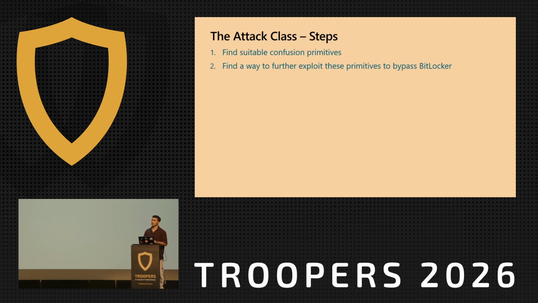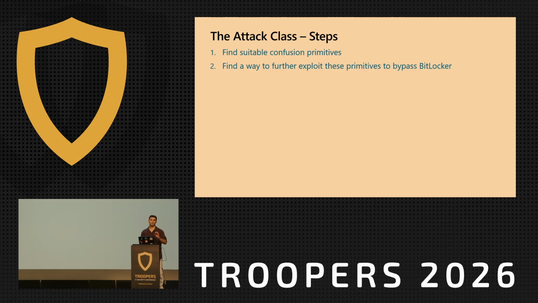So with a better idea of the attack class, its goals, and constraints, the research steps were quite straightforward. First, we need to identify volume confusion primitives that meet all the constraints we've just mentioned. The more primitives we find, the better. The second step was to build on these primitives, showing how they could be exploited to bypass BitLocker and extract BitLocker protected data.